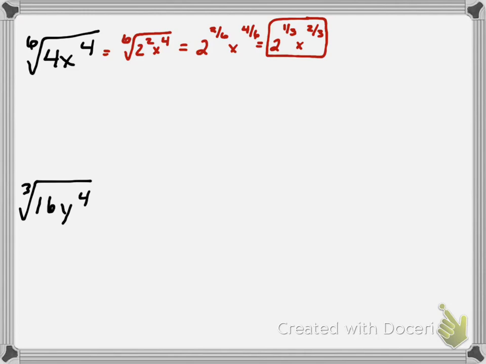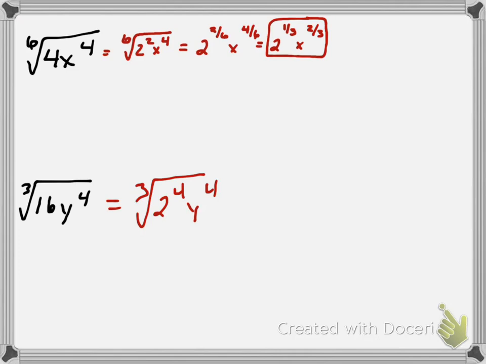I want you to try the second one and see if you can fight through the conundrum that you might find. It's not really a conundrum, just a little bit of a did you see it type thing. So you maybe got that far and you maybe wrote 2 to the 4 thirds, y to the 4 thirds and stopped, which is okay.